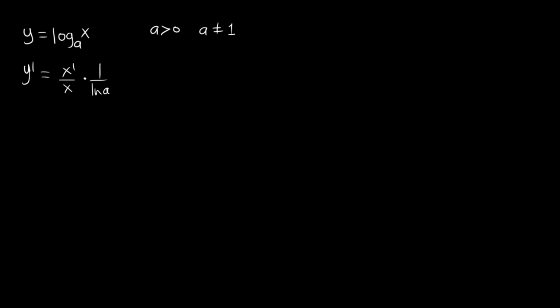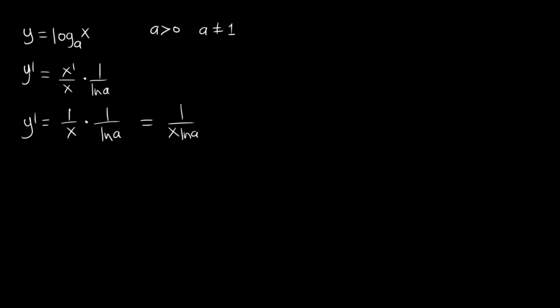When we simplify this, y prime is equal to x prime, which is the first derivative of x, that will be 1. So we have 1 over x, multiplying 1 over ln of a. So y prime is equal to 1 over x ln a.